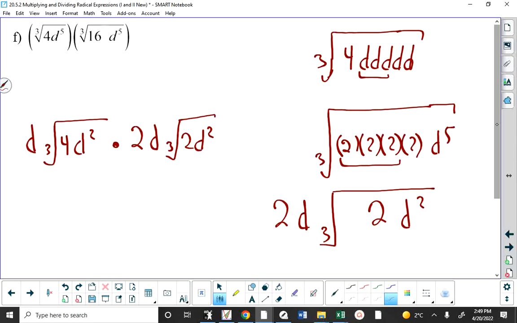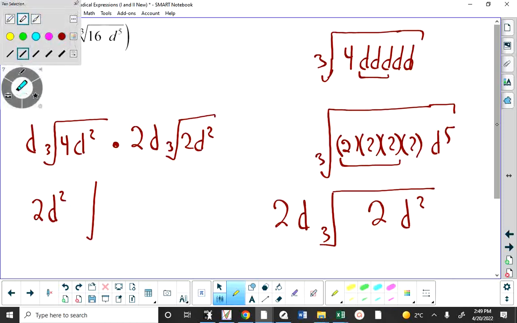You will get more experience with this, but here's why I wouldn't have done this first. I would have multiplied. All this work on the side that I did to get here, let's multiply this out and see where that leaves us. It leaves us at 2d squared, d times 2d, the coefficient times the coefficient is that.